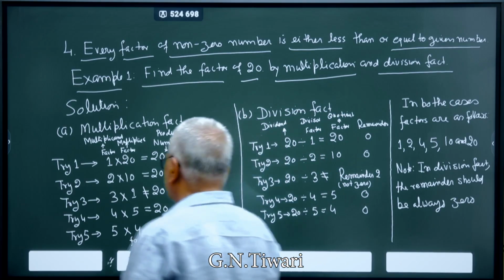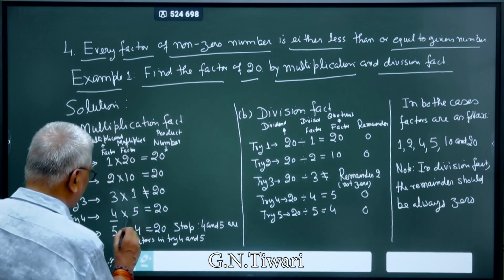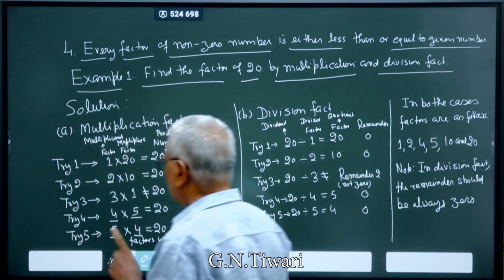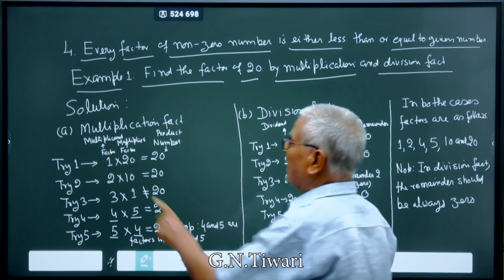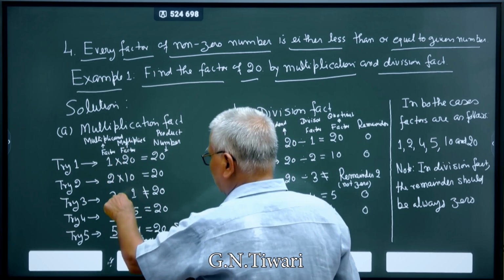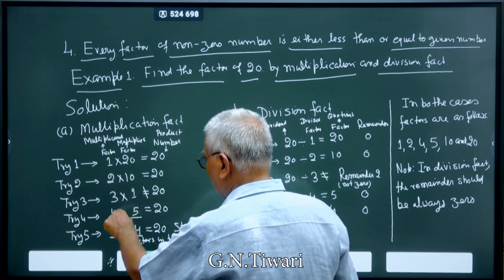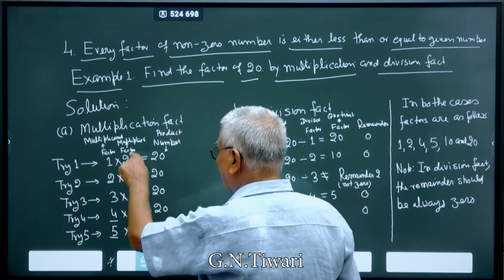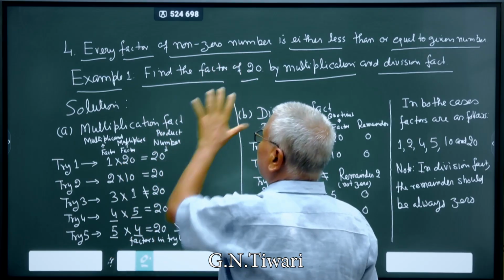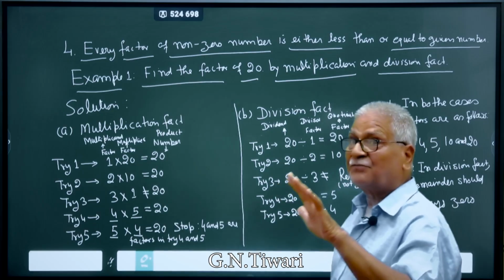Now just see, 4 and 5 are coming twice, so you have to consider them once. That means using the multiplication fact, 1, 2, 4, 5, 10 and 20 are the factors of 20.